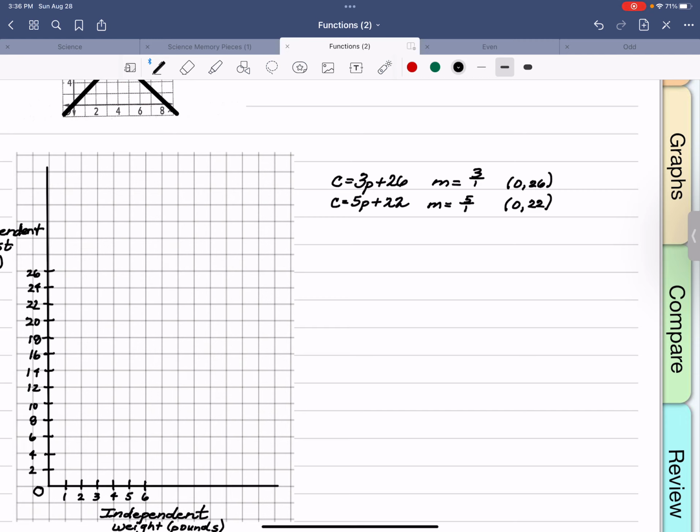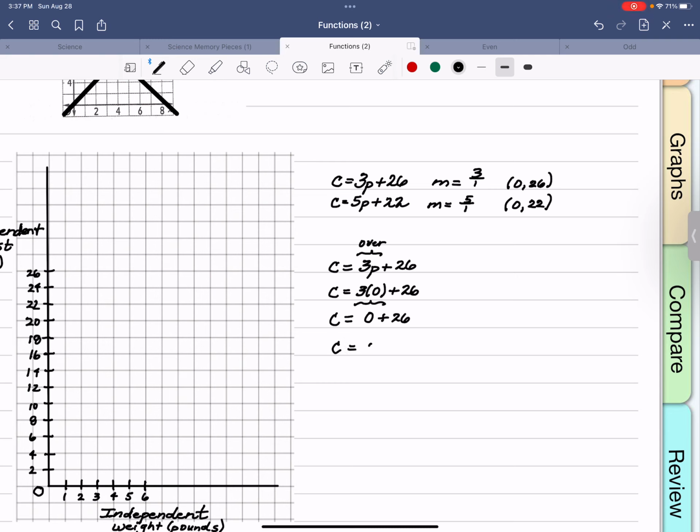Okay, now think through this with me. I said a minute ago, if you don't have any pounds of luggage, you don't have any dollars. But that's not exactly true. Remember that the 3P is for anything over what you're allowed to have. So if you have 0 pounds, you don't pay any overage, but you still have to pay that flat fee.